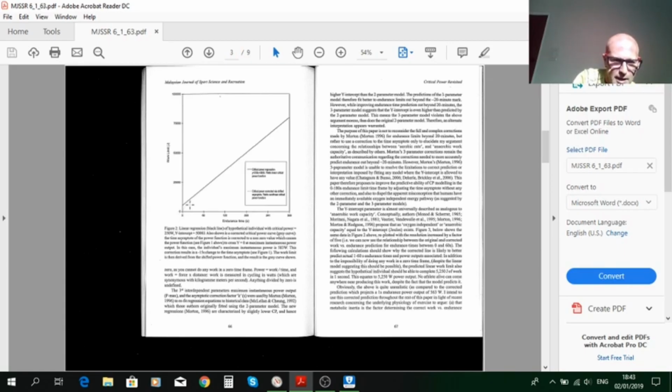And that y-intercept is touted as being the anaerobic capacity of that individual. If you drew a straight line across there, you'd say everything under there is the anaerobic capacity of that individual, and everything in here is their aerobic capacity.